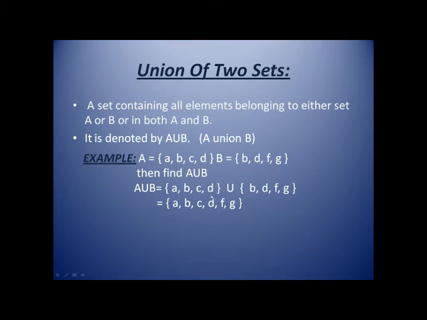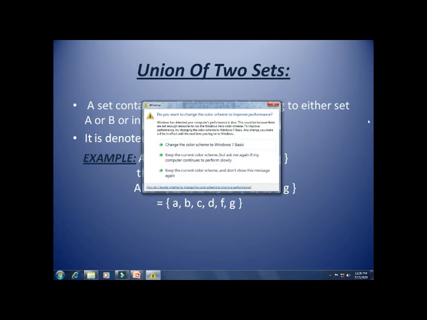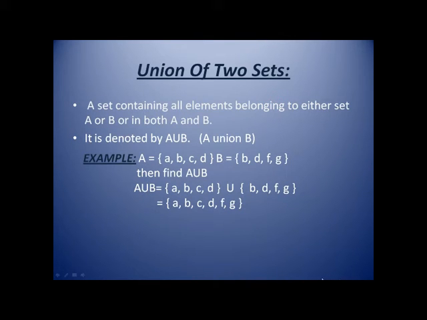Now in union we combine both sets together without repeating common elements. So a, b is a common element, so we write it once. Then c, d are again common elements, we write them once, then f, then g. A ∪ B is a set containing all the elements belonging to set A, B, or both sets A and B.